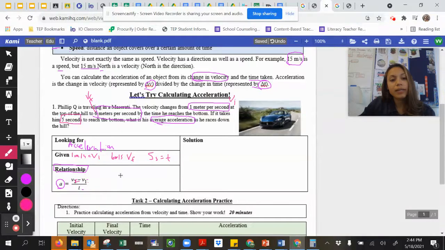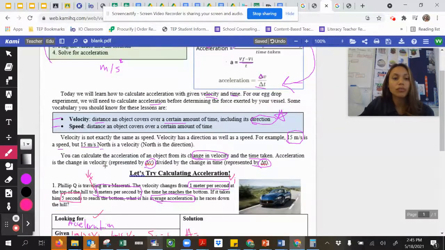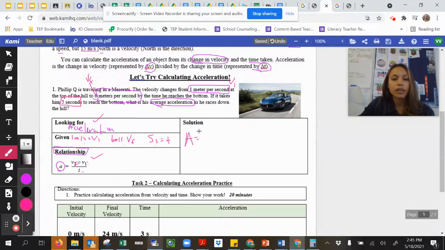Okay, so what we're looking for is acceleration, so based on that, we are doing the acceleration equation, and we're given final, initial, and time. So now we can plug the values into the formula. A equals V final minus velocity initial over time.